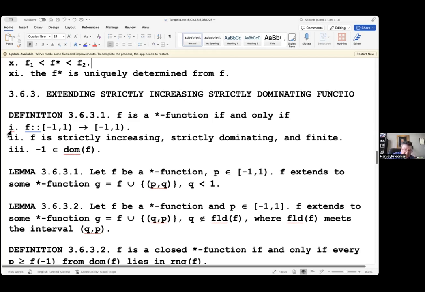It goes the other way. But we're not going to worry about the other way until we do the forward way with strictly dominating.